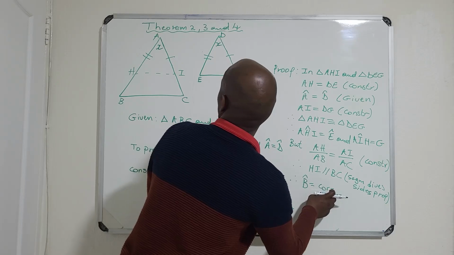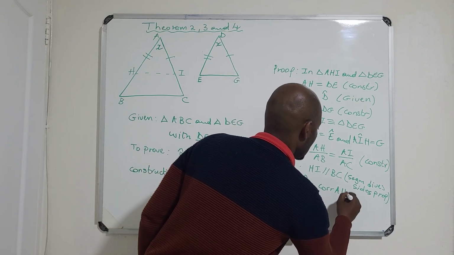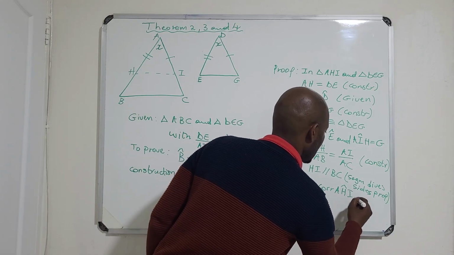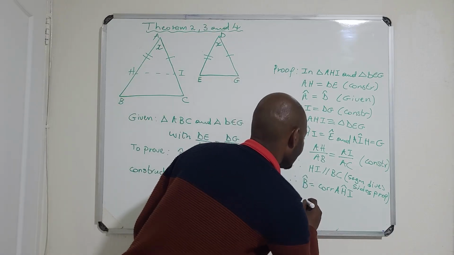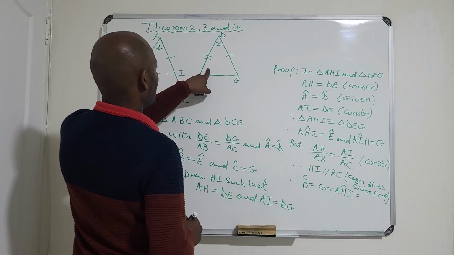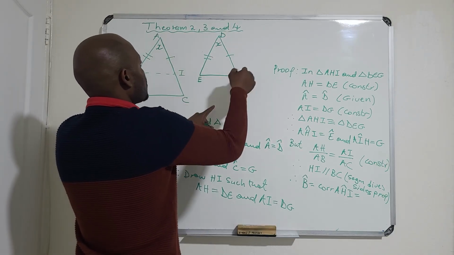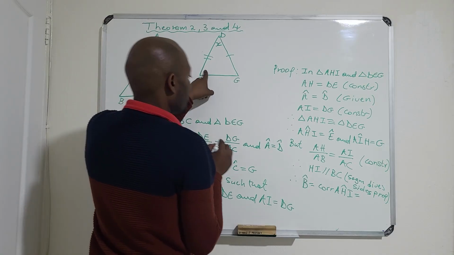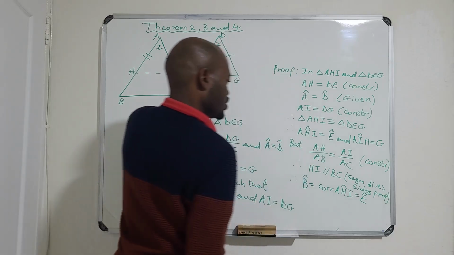B corresponds with angle AHI, and this is equal to that. We know it is equal to that, since this triangle is equal to this triangle, since they are congruent. Therefore, it is equal to angle E.